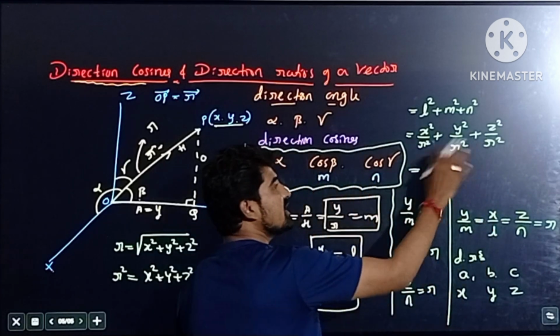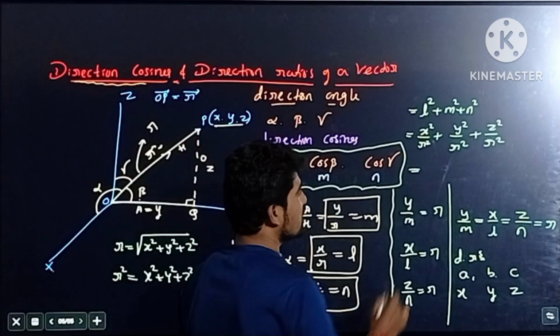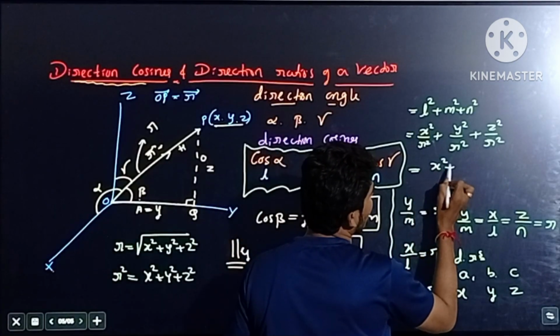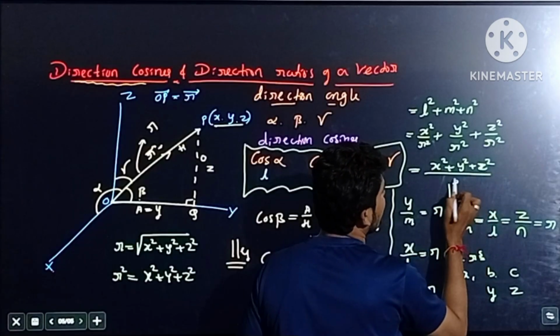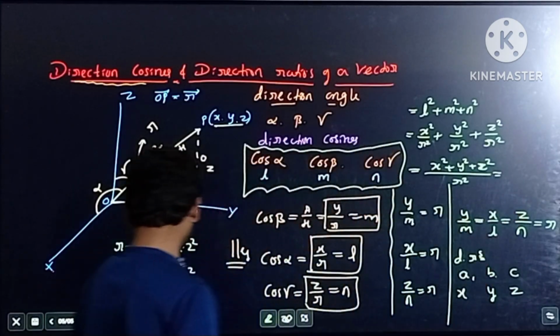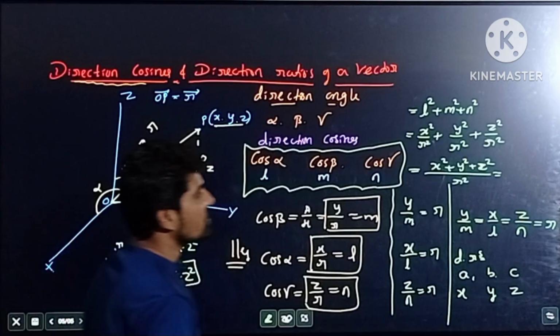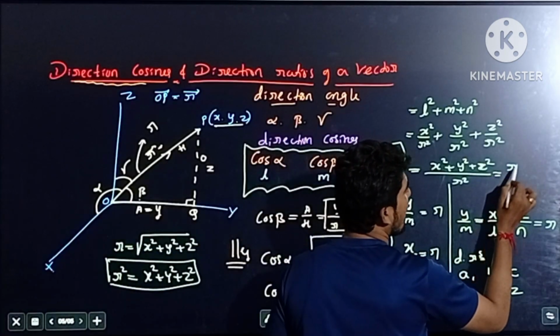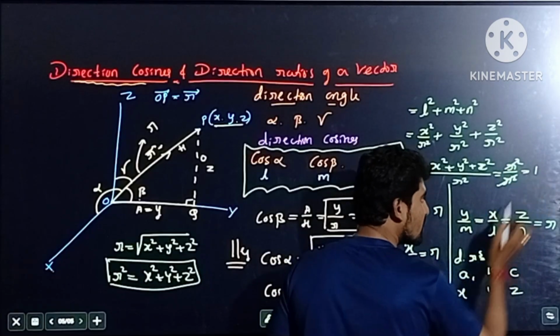Now observe here, in each term the denominator is r square, hence the LCM is r square. So it becomes x square plus y square plus z square divided by r square. And we know that x square plus y square plus z square is equal to r square. So the numerator can be replaced by r square divided by r square. So r square gets cancelled, which is equal to 1.